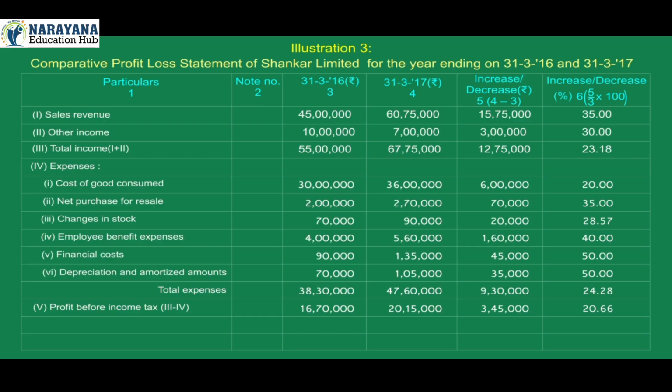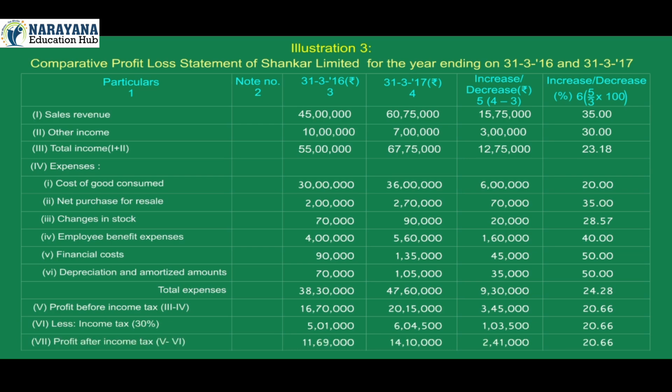Profit before income tax 3 minus 4, 16 lakh 70,000, 20 lakh 15,000, 3 lakh 45,000, 20.66%. 6. Less income tax 30%, 5 lakh 1,000, 6 lakh 4,500, 1 lakh 3,500, 20.66%. 7. Profit after income tax 5 minus 6, 11 lakh 69,000, 14 lakh 10,500, 2 lakh 41,500, 20.66%.